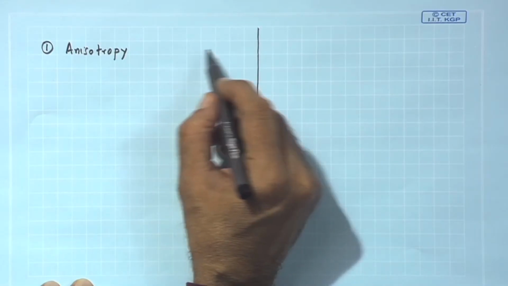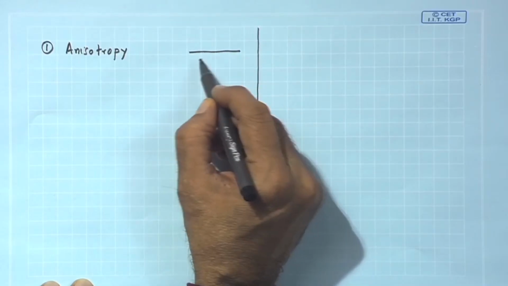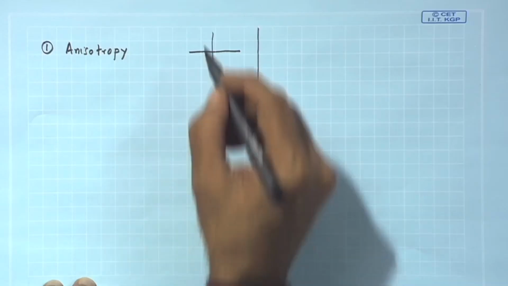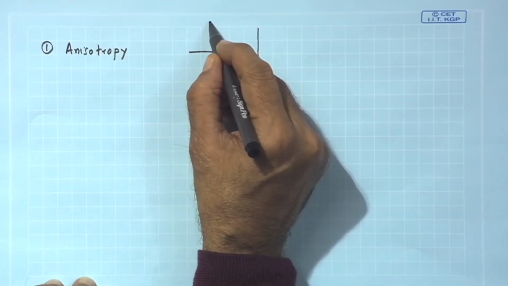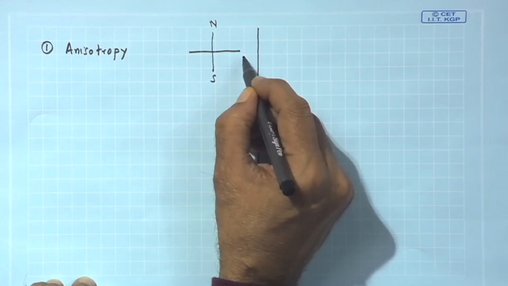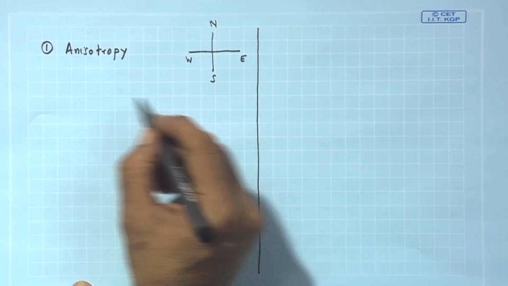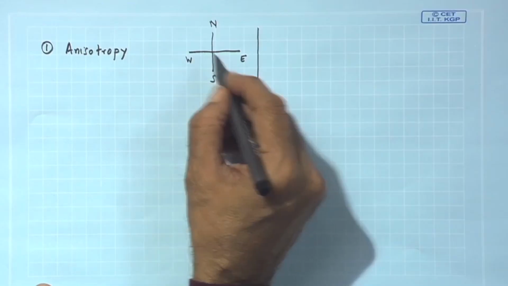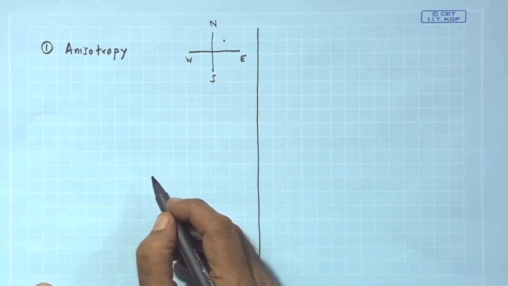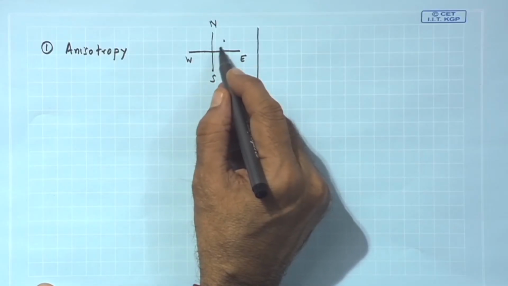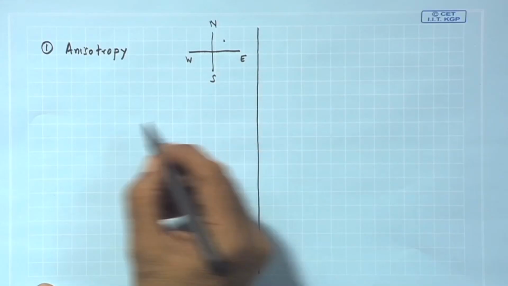So whenever we see spatial data, we always put them in the form of north, south, and east, west. Whenever we have any particular point in space, we express the spatial data in terms of easting and northing.